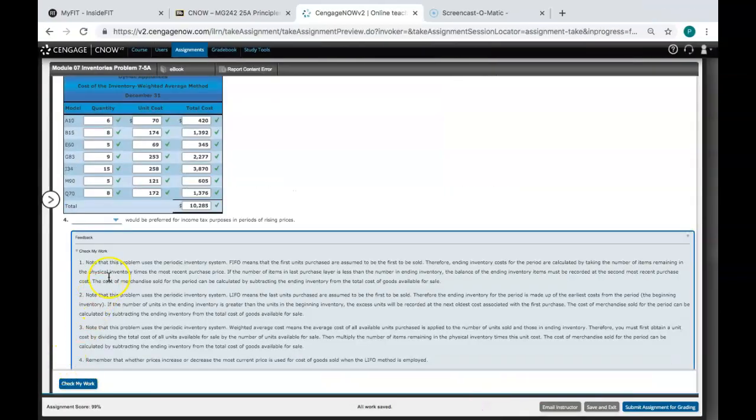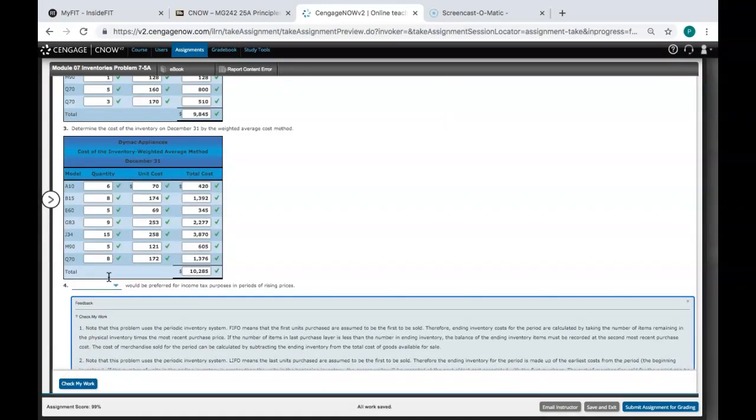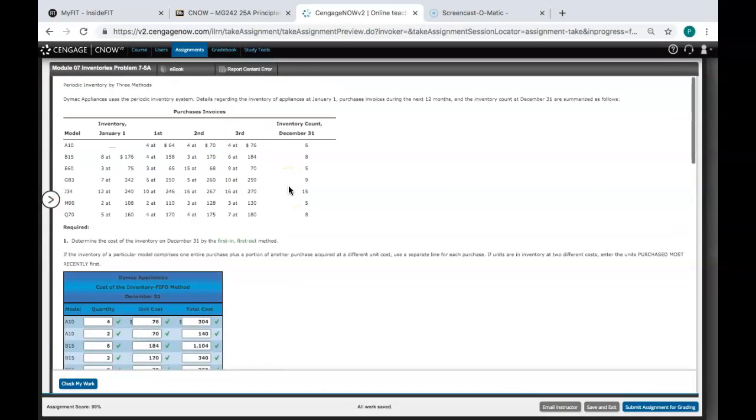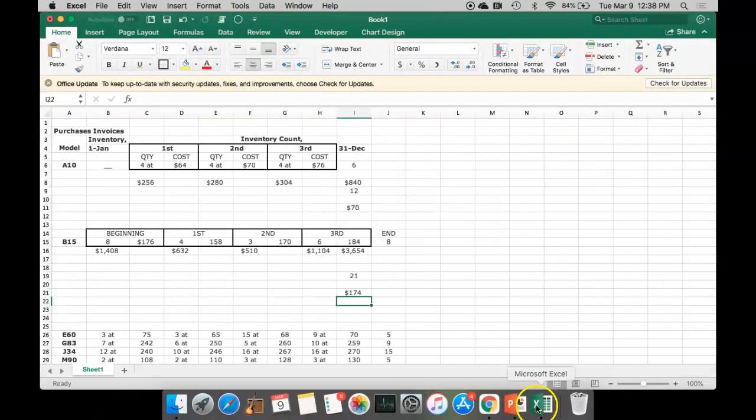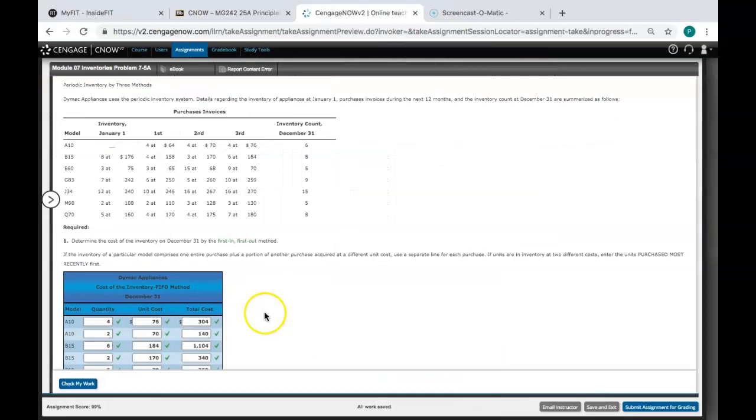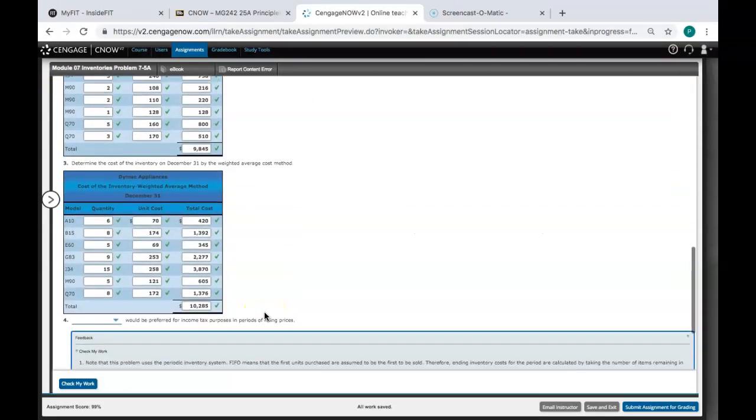Okay, so I've populated everything in for the weighted average method. And as you can see here for B15, we had 8 left over. We determined that the weighted average cost per unit is 174, and we simply come in here and multiply the 8 by 174 to get 1392.